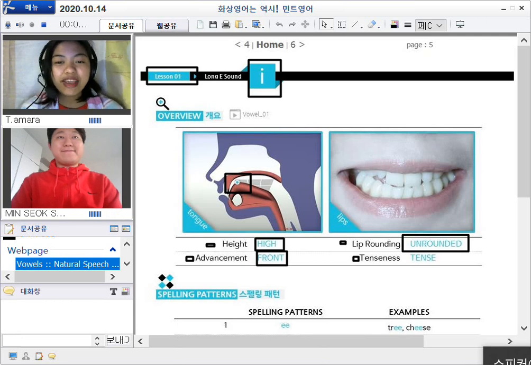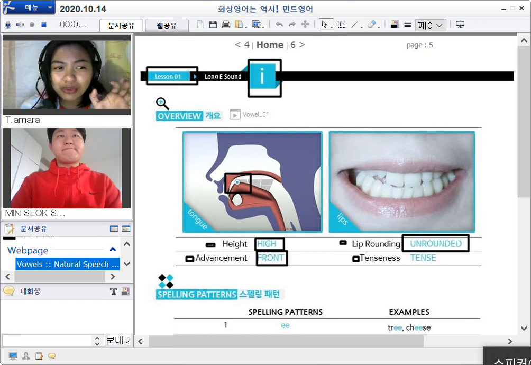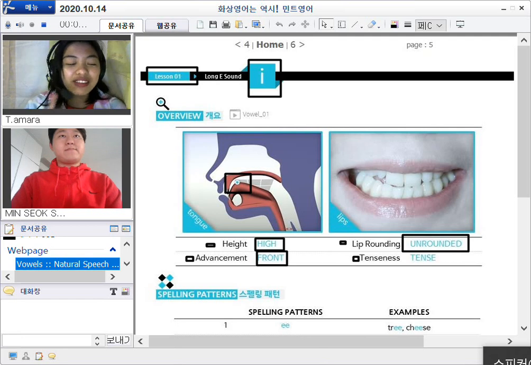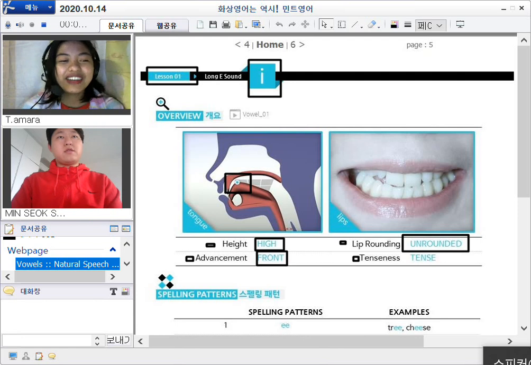Make sure that it's tense, because if it's not tense, you cannot really achieve the proper sound of this vowel. For example, listen to this. If it's tense, it's like this, E. But if it's lax, it will sound like this, E, E. Is there any difference there?